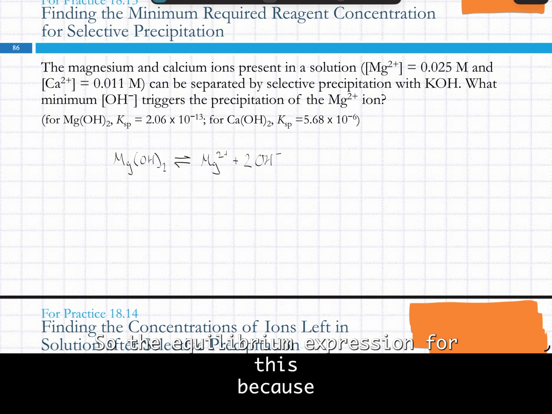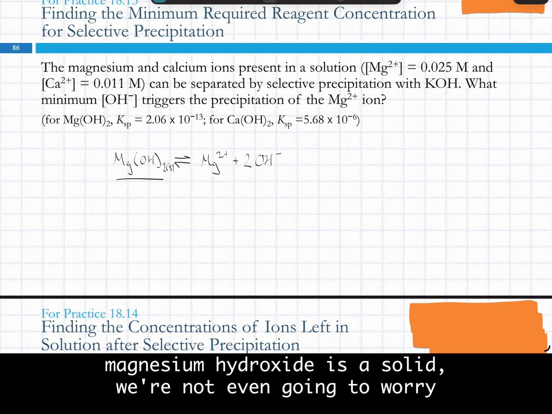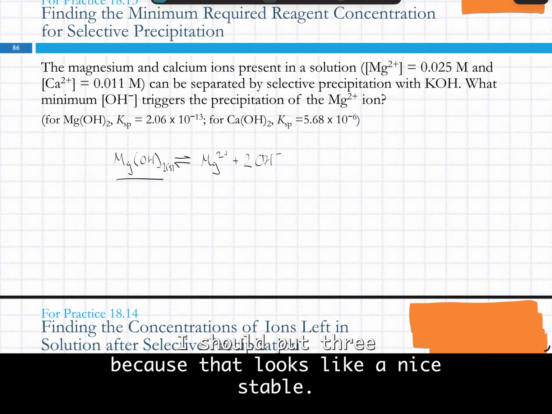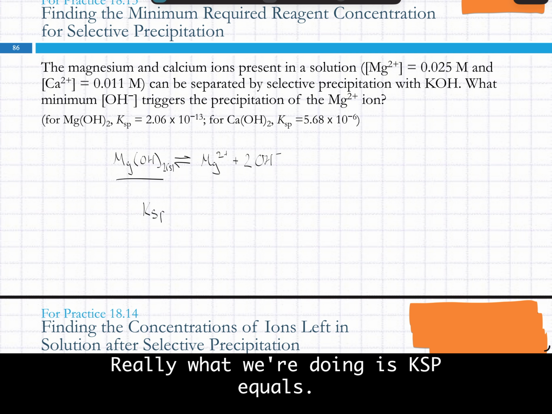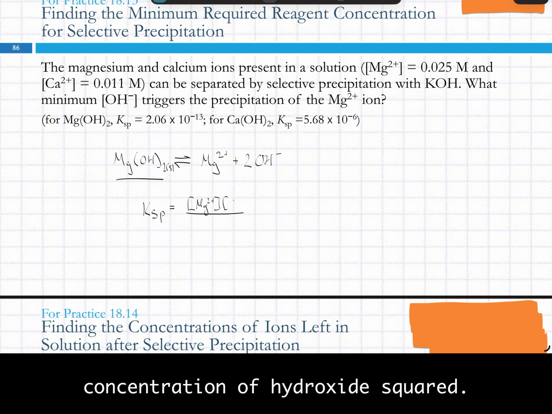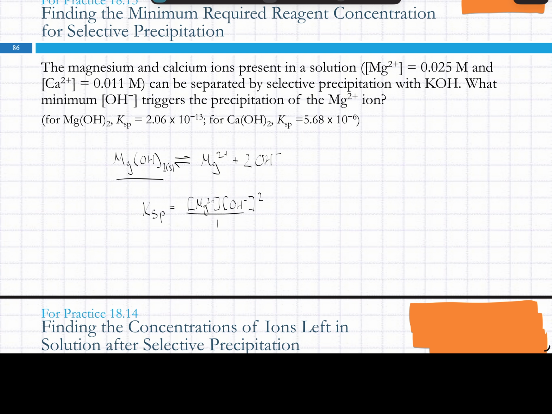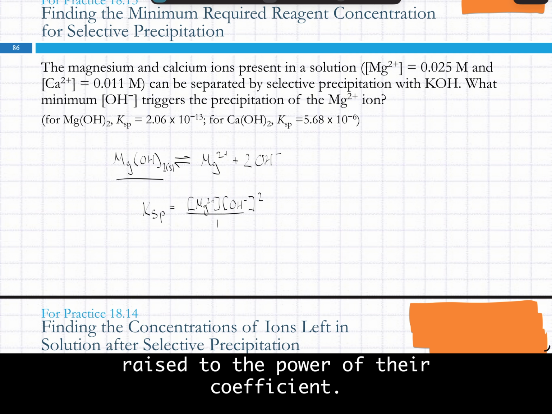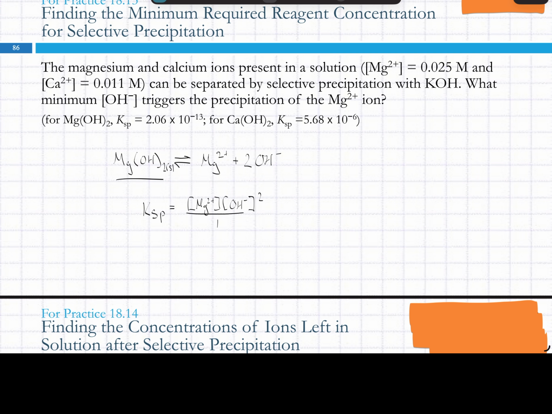So the equilibrium expression for this, because magnesium hydroxide is a solid, we're not even going to worry. Really what we're doing is KSP equals the concentration of Mg2 plus, concentration of hydroxide squared. You don't really need to write it in, but it's over 1 because our reactant is a solid. So products over reactants raised to the power of their coefficient. And we have KSP.